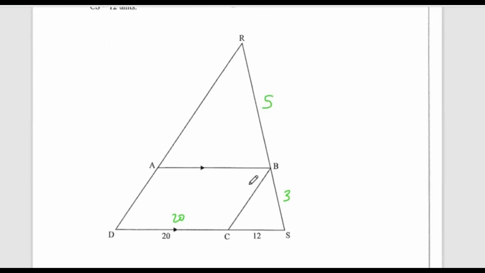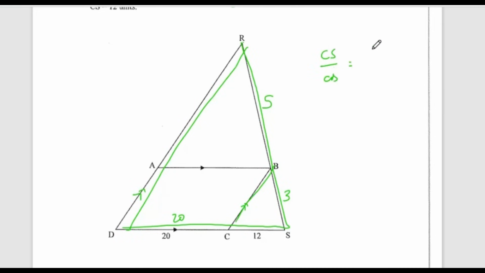So for me to prove that BC is parallel to AD, I need to look at this triangle in this format. If my CS over CD is the same as BS over RB, as long as these ratios are satisfied, then automatically they'll be parallel.